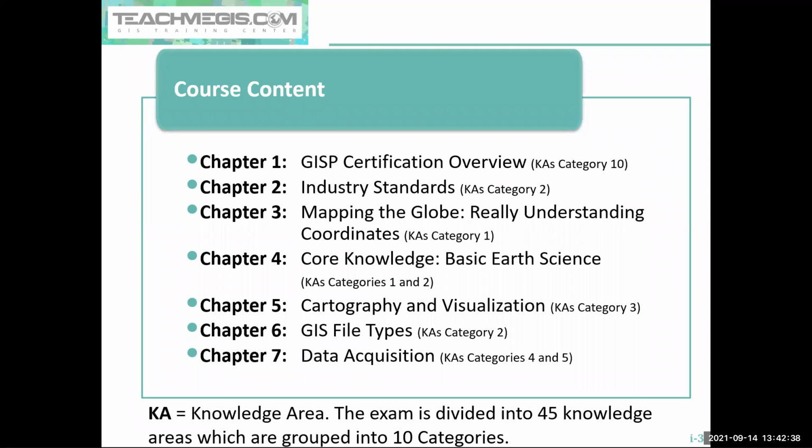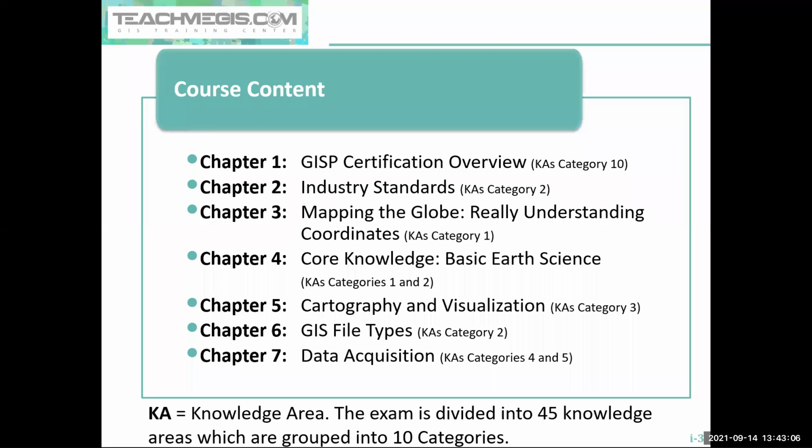In chapter 3, we'll get really deep into coordinates, understanding the geoid, the spheroid, the set of datums, the set of projected coordinate systems that sit on top of a datum, and what are some of the properties of some of these projected coordinate systems, like what are the coordinate systems that sit behind the U.S. state plane coordinate systems?